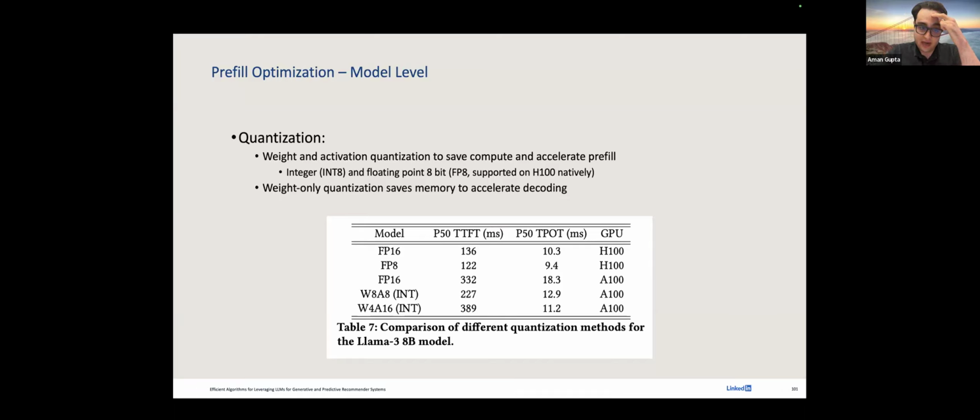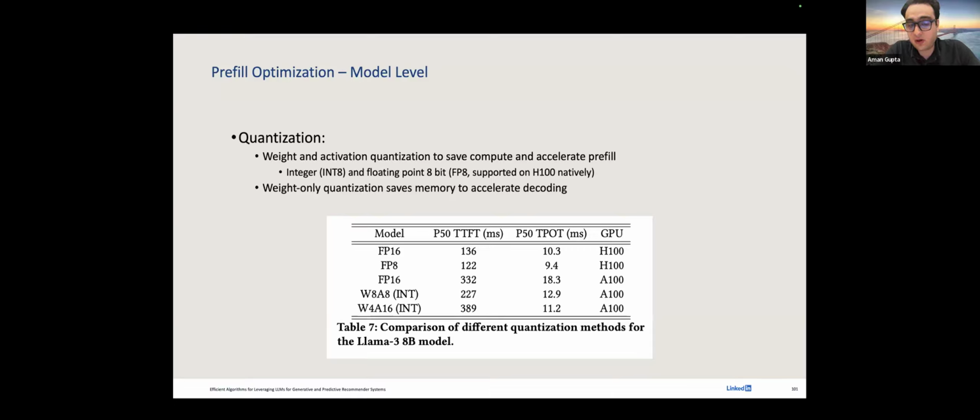However, if you don't have access to FP8, we can do int quantization. We can do weights 8-bit and activation 8-bit int, and we can also do weight 4-bit, but keeping activation at 16. We see that when we do weight and activation quantization, it helps us to reduce TTFT and TPOT, which especially helps for prefill tasks.